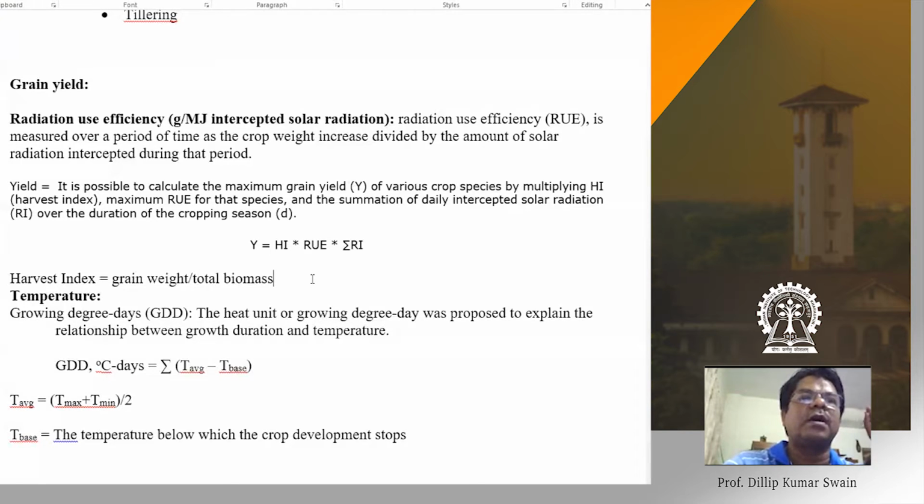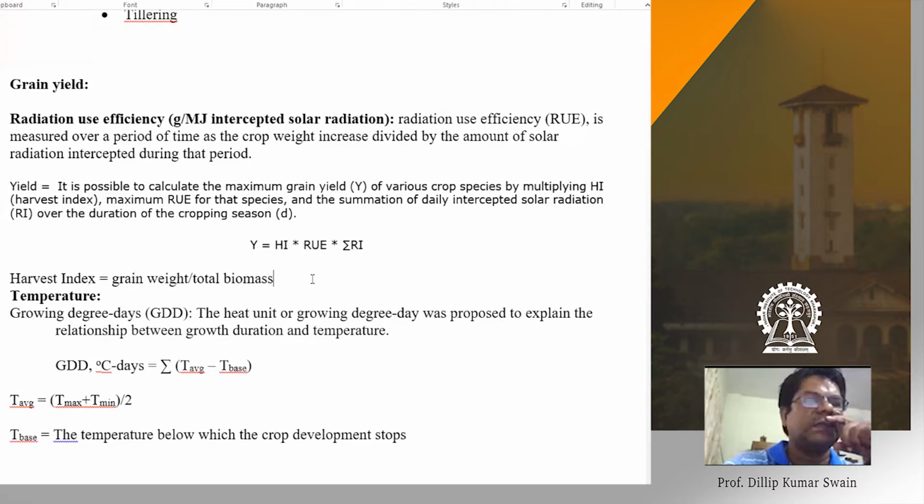For a particular crop, suppose the leaf area remains the same, there is no change in leaf area. In that leaf area, if you change the angle, make it 30 degree or 90 degree or 60 degree, then the radiation at the bottom of the canopy will change.